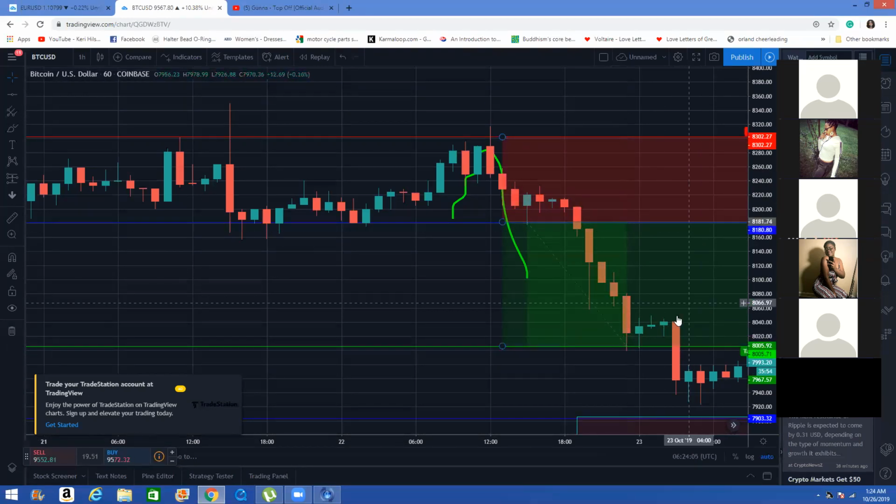All right. If you look, when it broke that one, what did it form? That engulfing candle. You see this one? What did it do when it broke that one? Formed an engulfing candle. This stuff is not made up.